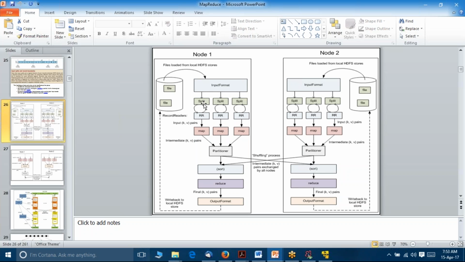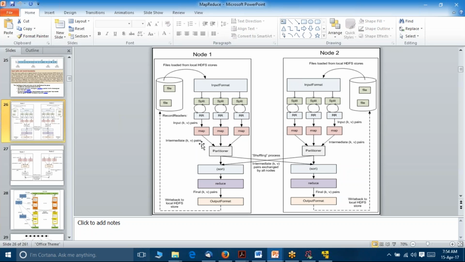I use the term split in the processing part. I use the block in terms of my storage. When I talk in terms of storage, I use the term block. Same block when I come to the processing, split. There is a small difference between split and block in terms of the records present inside your block. So let us not go into those details.